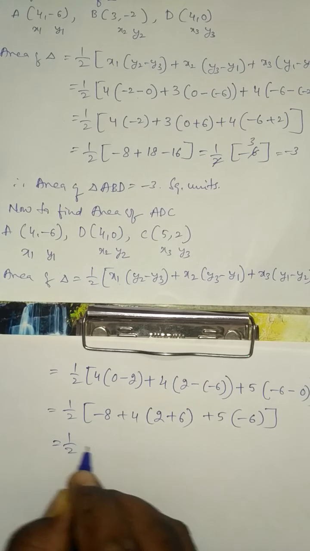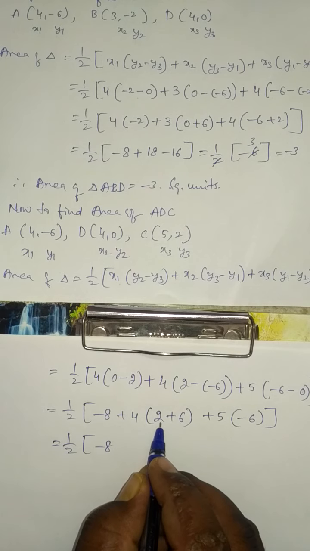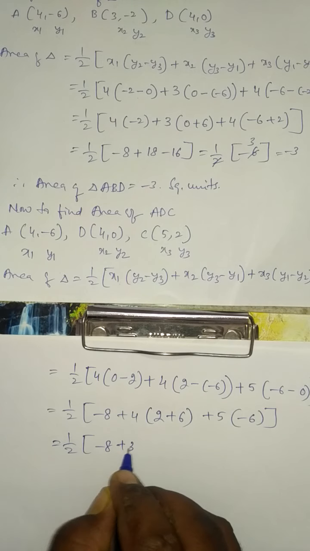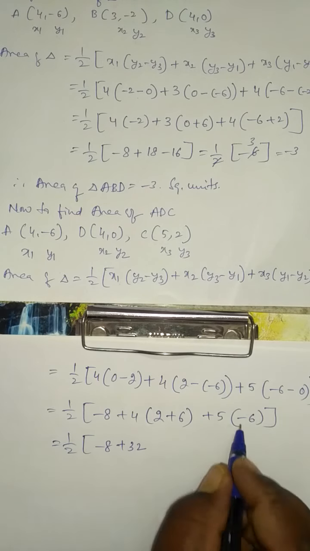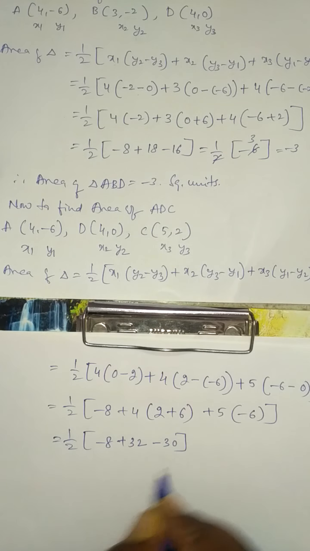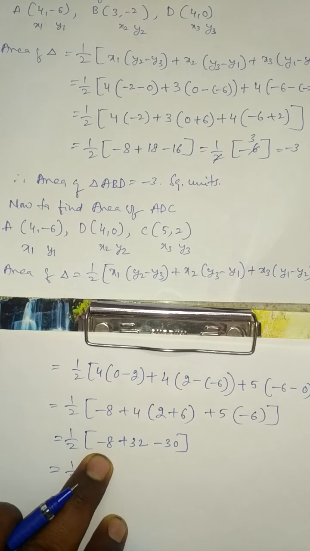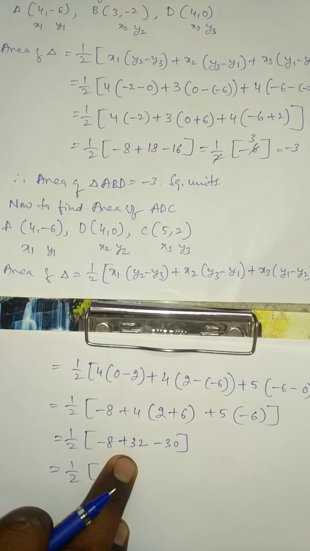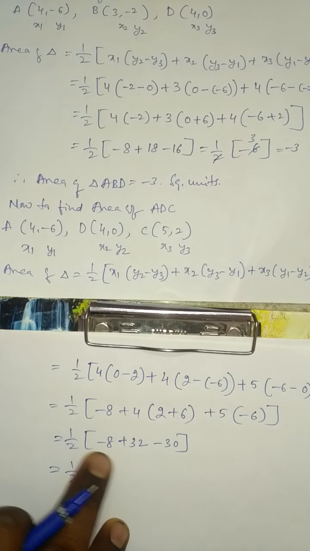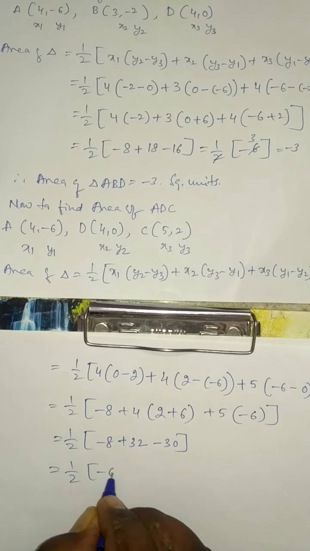So this is half into, here minus 8 as it is. 6 plus 2 is 8. 8 4s are 32. Then plus into minus is minus, 5 6s are 30. Now if you simplify this bracket, half into minus 8 plus 32 is plus 24. 24 minus 30 is minus 6.